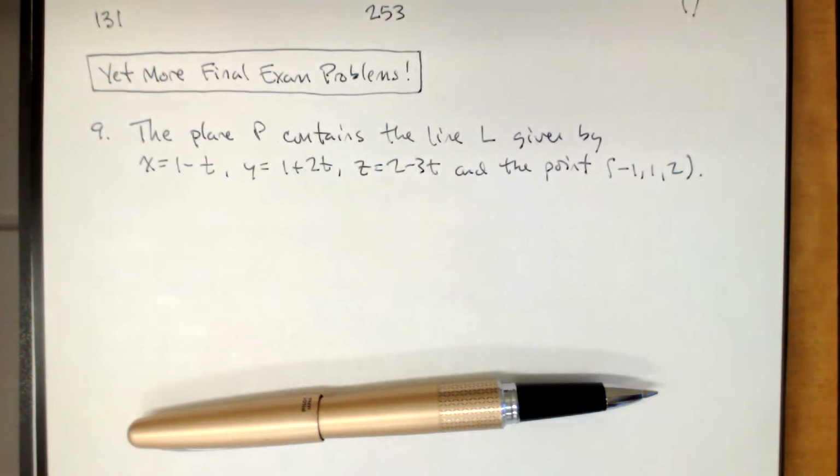So our last couple of final exam problems will come from the beginning of the class. So let's suppose that the plane P contains the line L, given by these parametric equations, and the point (-1, 1, 2).